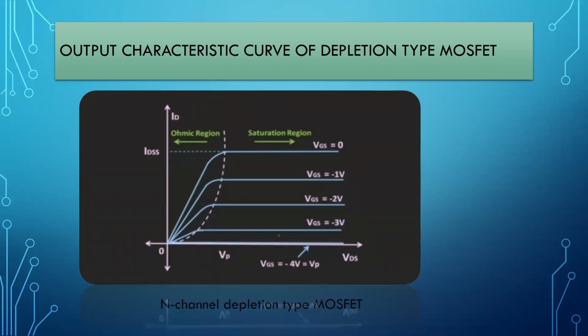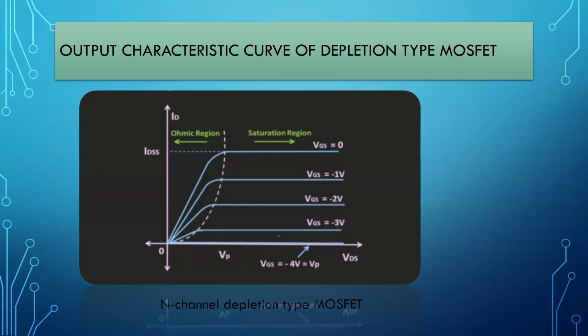The graph is between drain to source voltage VDS and drain current ID. We got from the graph that as the value of gate to source voltage VGS becomes more and more negative, the drain current will reduce, and at one voltage the drain current will become 0. So this voltage VGS is known as the pinch-off voltage.